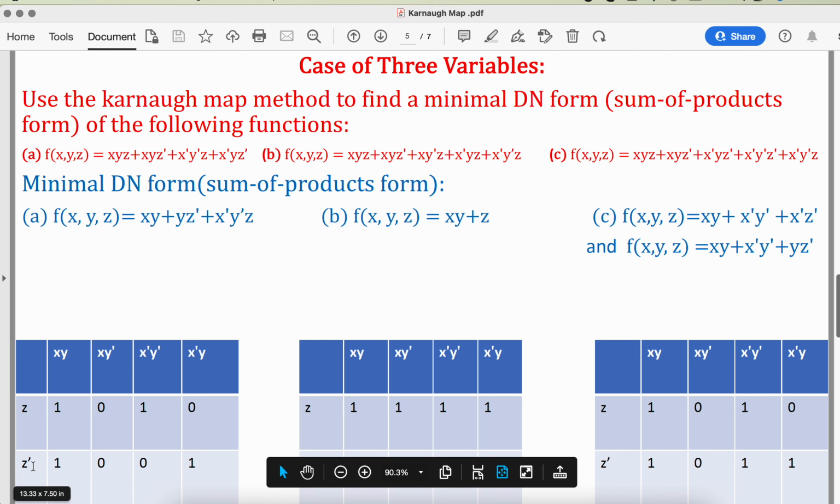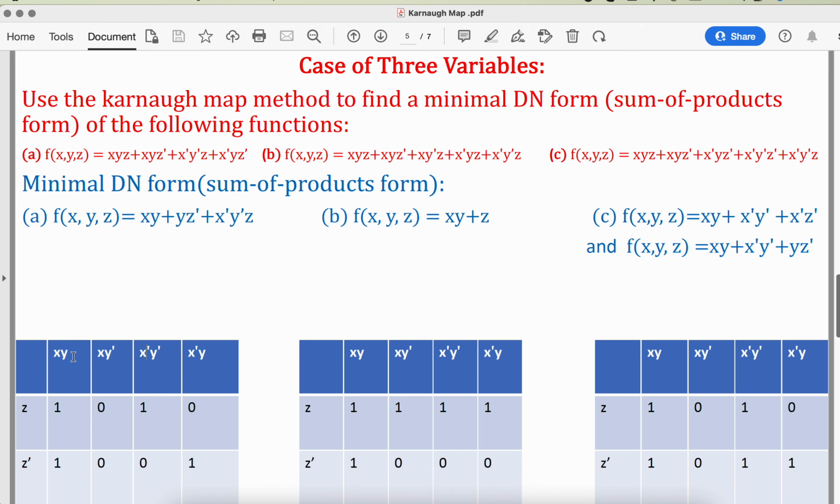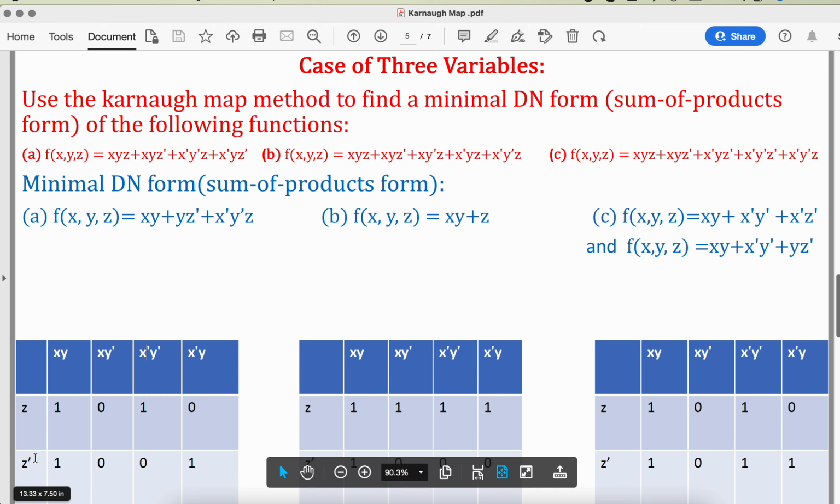And here z and z'. So in the top border row, be careful about the order. Change only one variable at a time. So xy, xy', x'y' and x'y. So be careful about the order of these variables. Here it is z and z'.